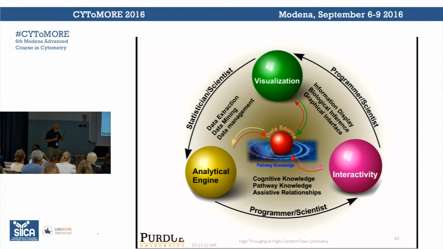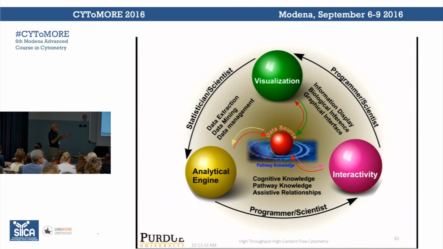So the model here is trying to end up with something that's visualizable. We're visual animals. We like to see pictures. We like to see things that have meaning to us. So we have to work out how to make things that have meaning to us. Everybody does that in biology. We create things that have meaning to us. But underneath that, there has to be some kind of analytical engine, and there has to be all sorts of things.